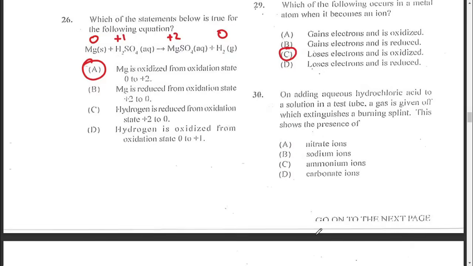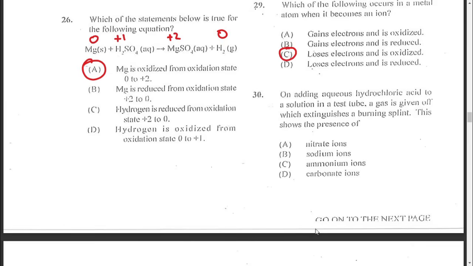30. On adding aqueous hydrochloric acid to a solution in a test tube, a gas is given off which extinguishes a burning splint. This shows the presence of nitrate ions, the sodium ions, ammonium ions, or the carbonate ions. Now, oxygen is the gas that is used to keep a flame ablaze.